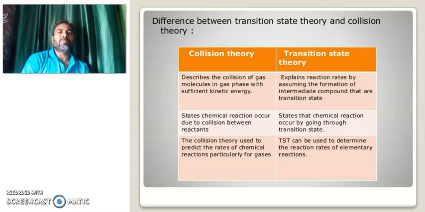Collision theory states chemical reactions occur due to collisions between reactants. Transition state theory states that chemical reactions occur by going through a transition state. Collision theory is used to predict the rates of chemical reactions, particularly for gases, and transition state theory, TST, can be used to determine the reaction rate of elementary reactions.